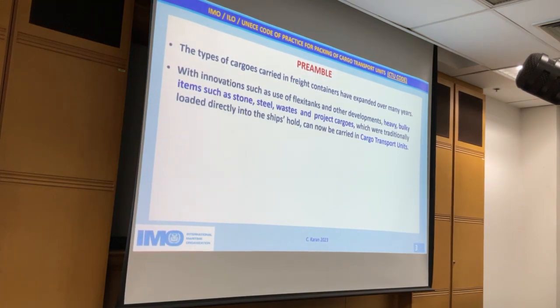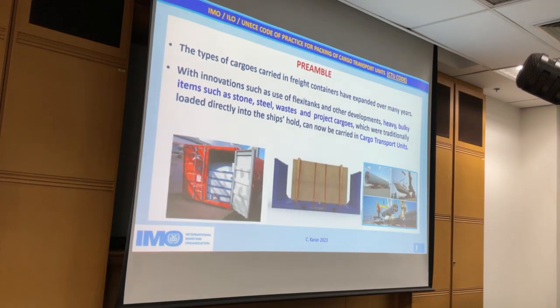The types of cargoes carried in freight containers have expanded through the recent years with innovations such as the use of flexi tanks and other developments. Heavy bulky items such as stone, steel, wastes and project cargoes, which were traditionally loaded into ship's holds, can now be transported in cargo transport units.